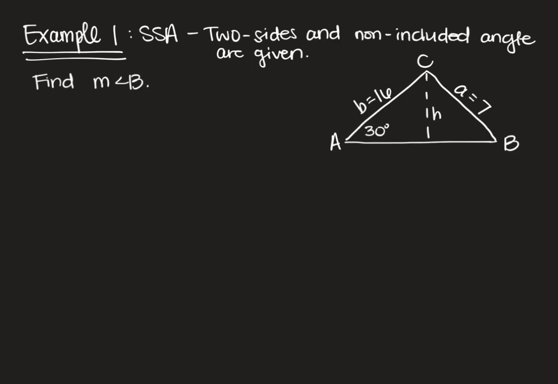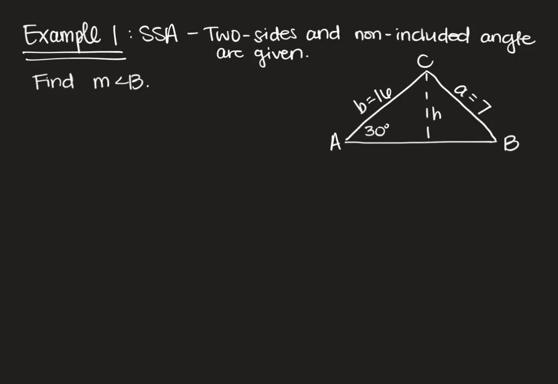Before we can do that, we want to think about the ambiguous case, because we have an SSA situation going on. Whenever that happens, we want to think about whether we have a possible triangle at all, or are there 0 triangles that exist? Or is there one triangle that exists, or are there 2 different possible triangles that can be drawn given these measurements?